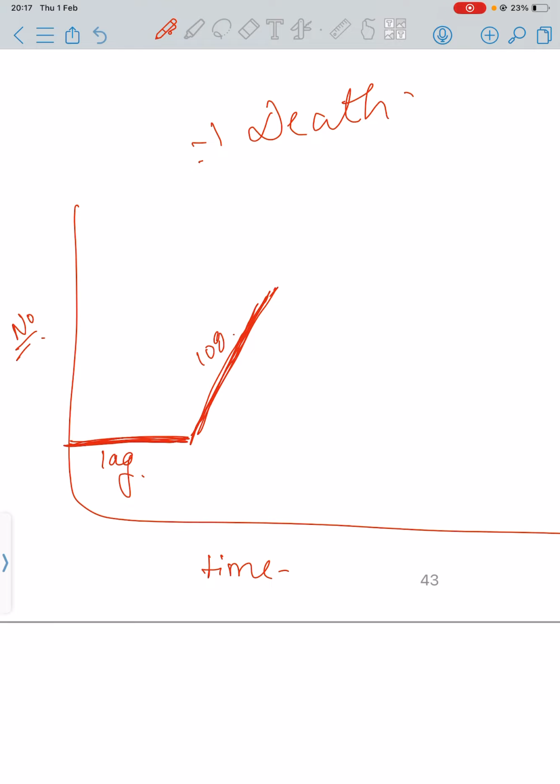Then there comes a phase wherein the number of bacteria alive and the number of bacteria dying are the same, so this is the stationary phase. Then comes the phase where bacteria start to die more, so decline phase. Okay, you get it?